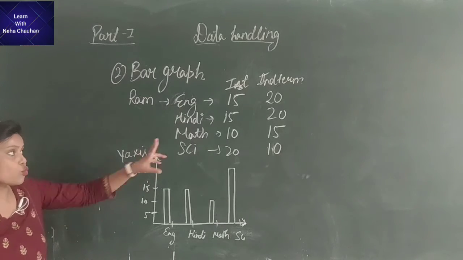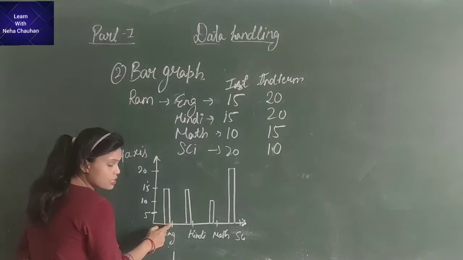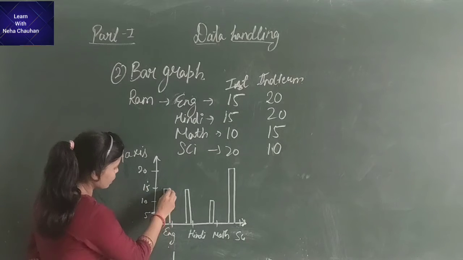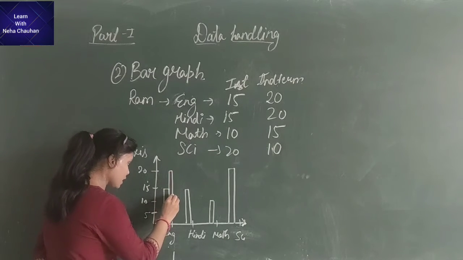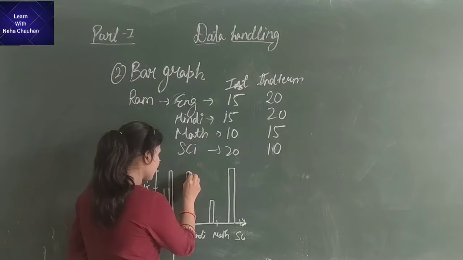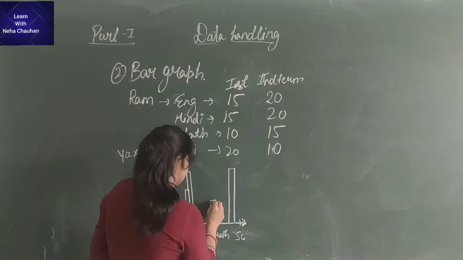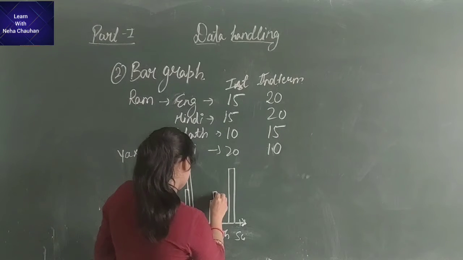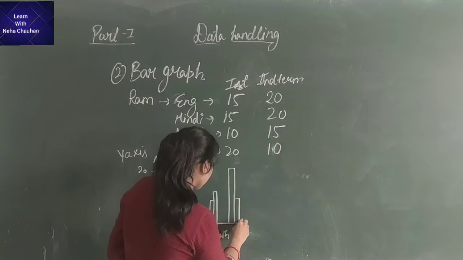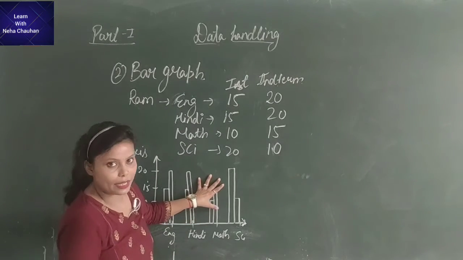We will represent the second data along with this data, adjacent to it. So in English he got 20 in second term. In Hindi he got 20. In Math he got 15, and in Science he got 10 in the second term. Alright, so this is the representation of double bar graph.